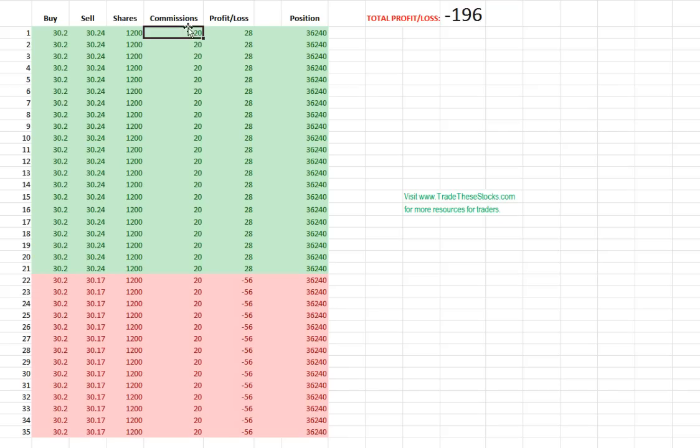But let's say you go for somebody else, and there are brokers out there that are as cheap as $5 both ways. I use Interactive Brokers, and my average trade is about $3.50, $4. So round trip would be no more than $8.